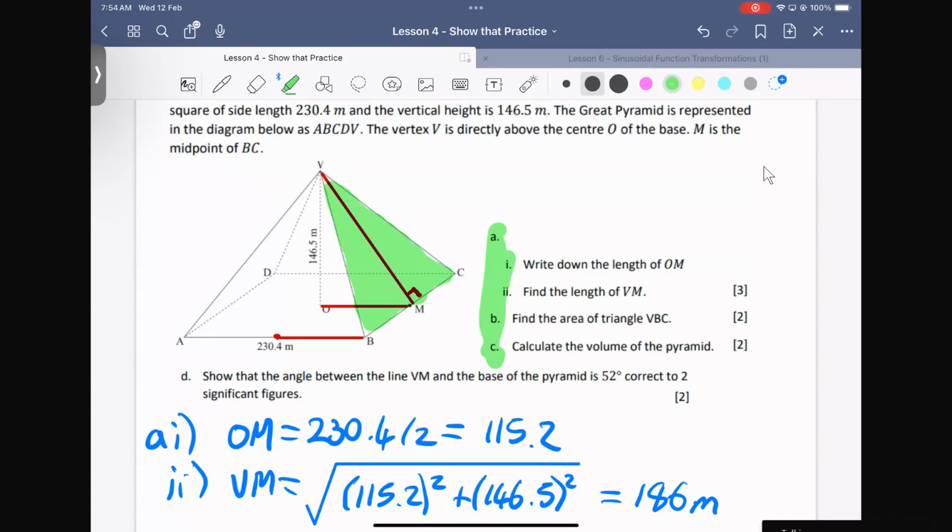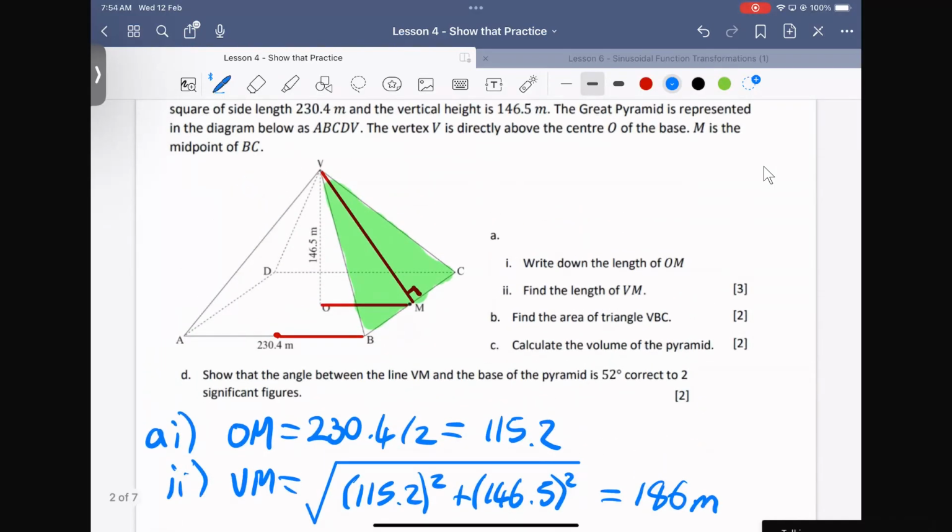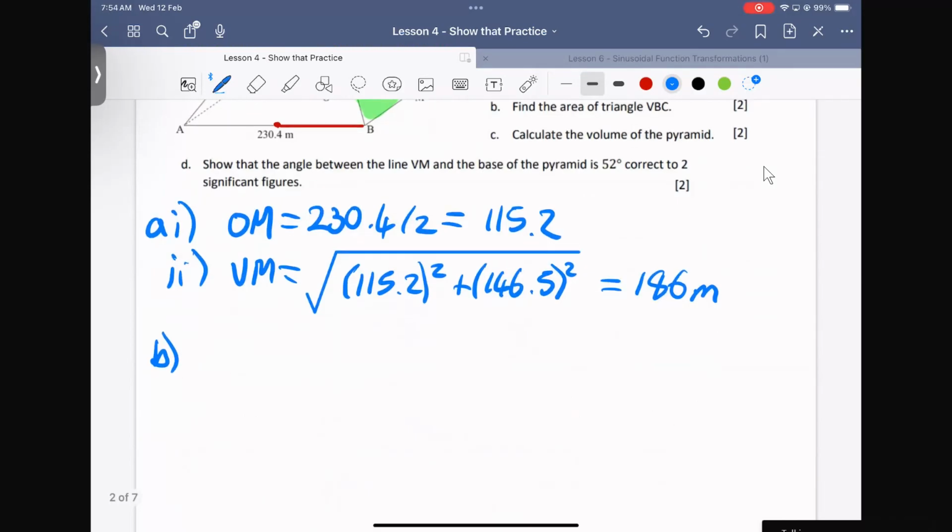Now we're looking at the triangle on the face. To calculate the area of this, we've just found VM. VM is the altitude of this triangle, the vertical height of the triangle. So we can use half base times height for this one. We don't need to use the trigonometric formula of half ab sine C.